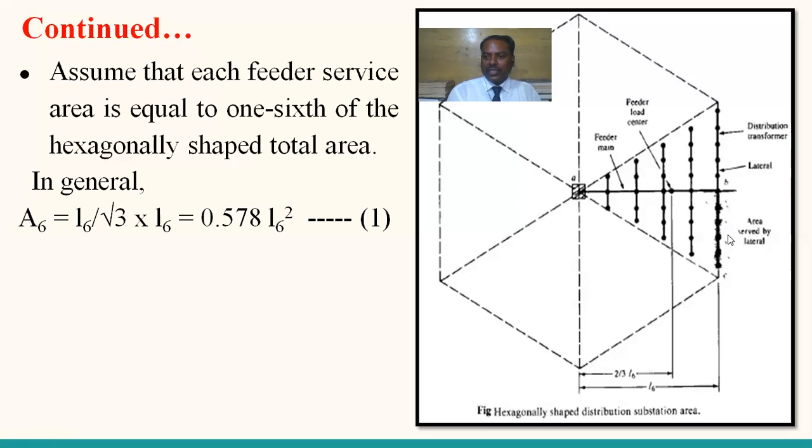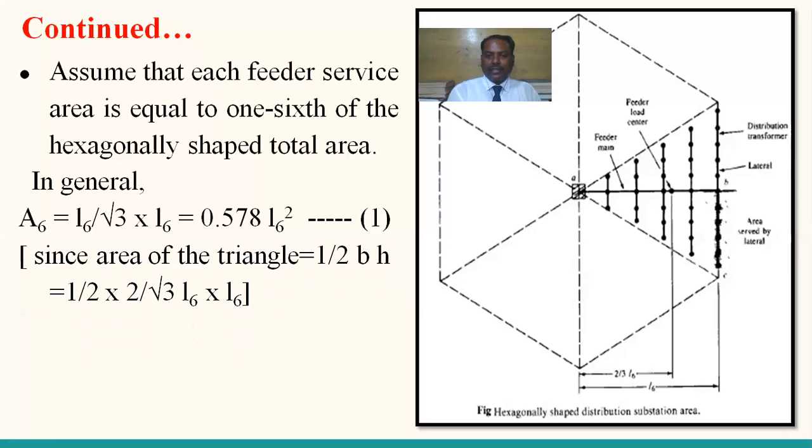This one is B, this one is P. Now observe here, from this one to this one it is 30 degrees, so tan 30. The area formula is half into B into H.